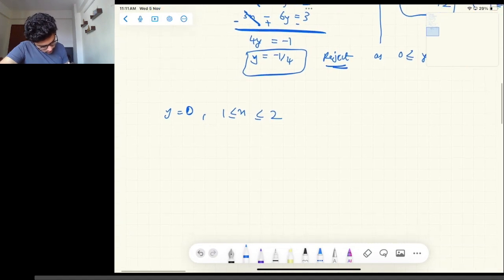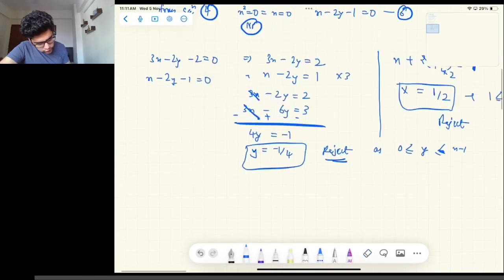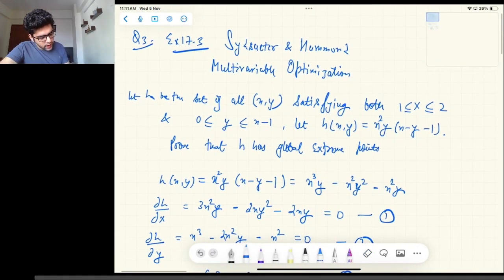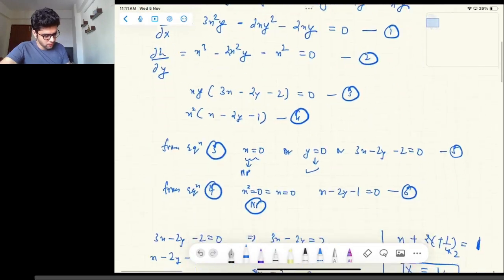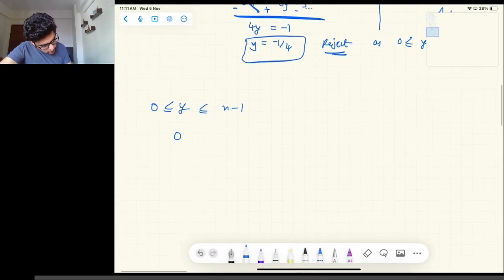Or wait a minute. We were also given in the question that y lies between 0 and x minus 1. So if I just put in the value of 0 in place of y, I'll be getting x minus 1, so x is greater than 1, right?